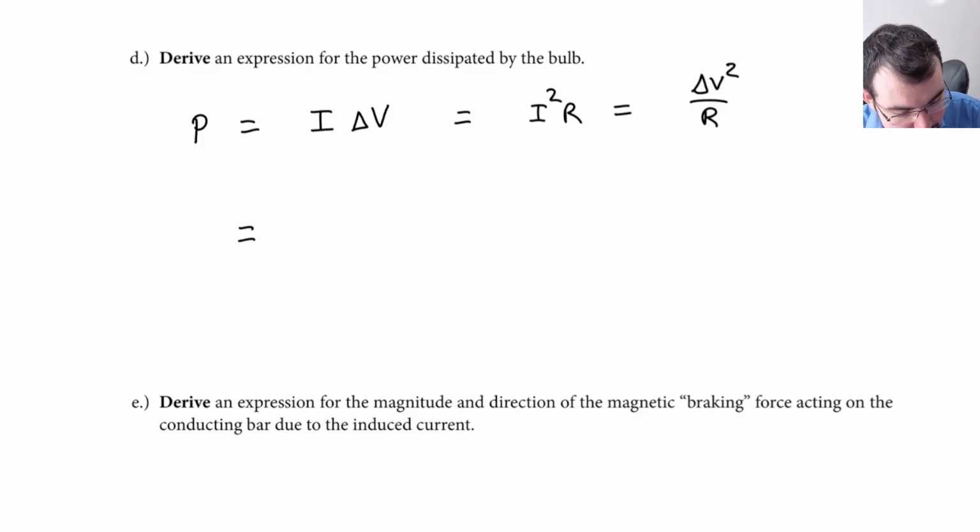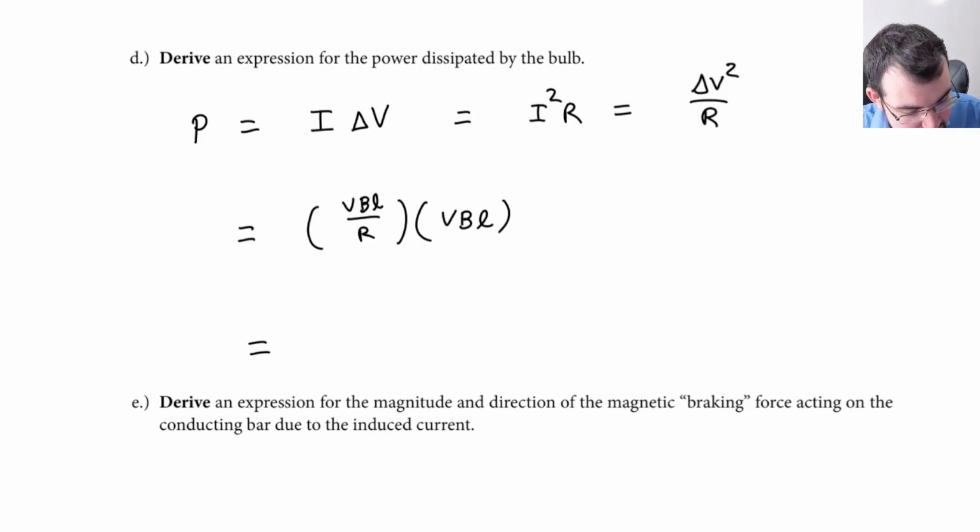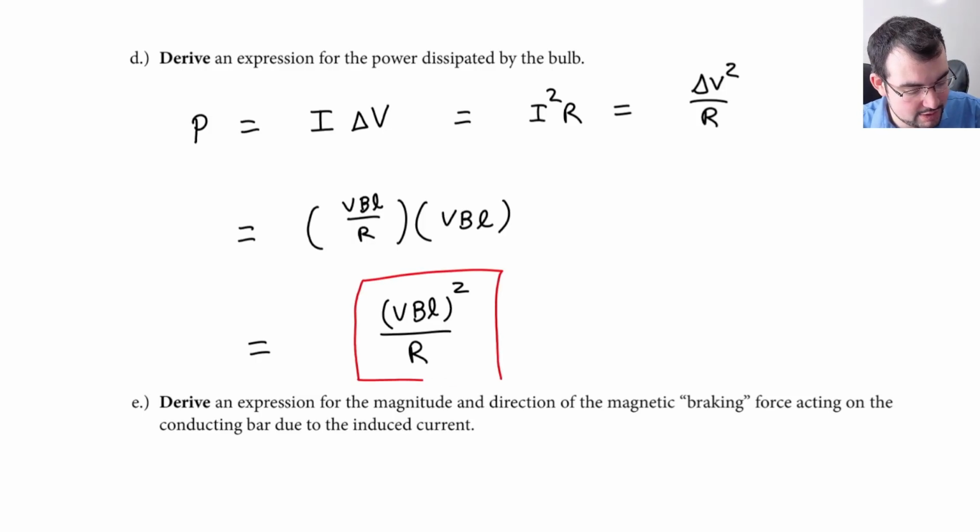Let's just use I delta V. I was VBL over R. Delta V is the Hall effect voltage, VBL. So we get 2 copies of VBL, so we get VBL quantity squared over R. And that should be pretty clearly the 3rd power formula, where we see a squared voltage.